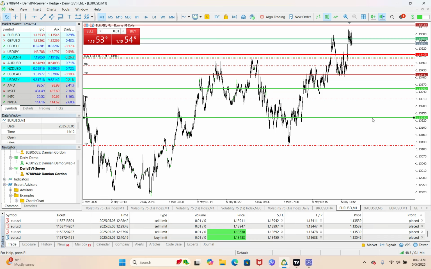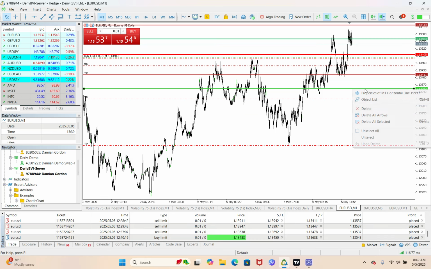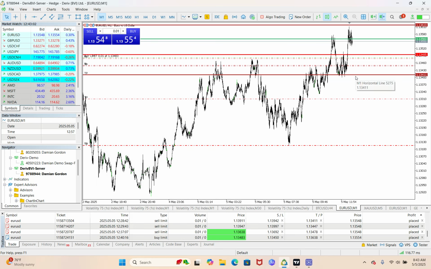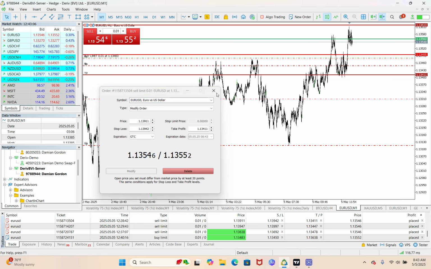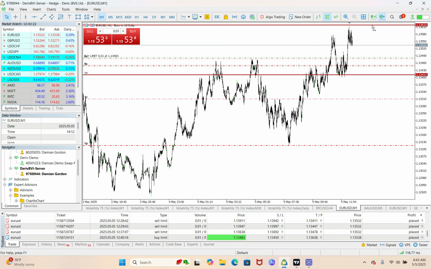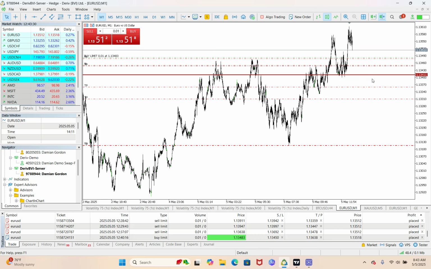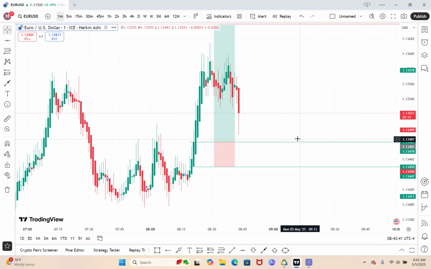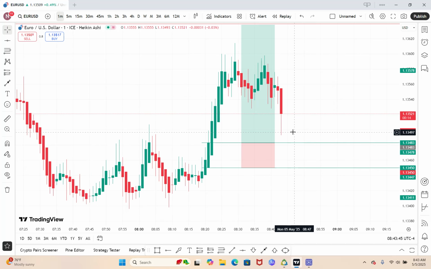So the market is coming down to this area, but for some reason we are not getting filled.